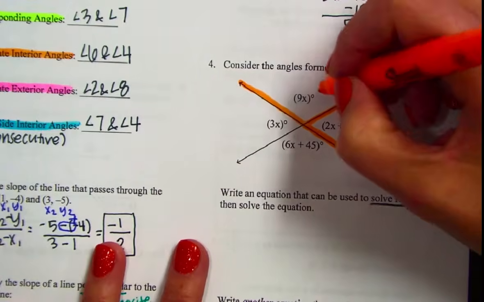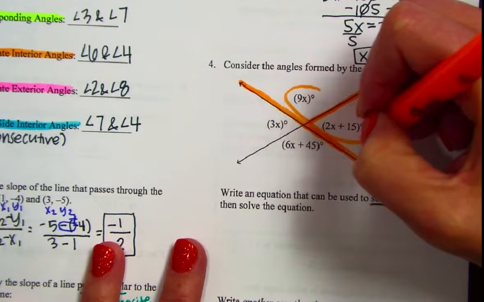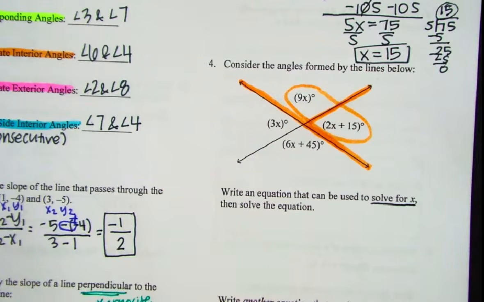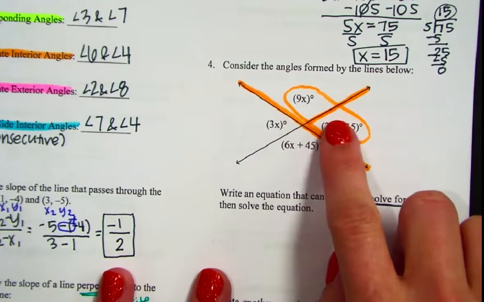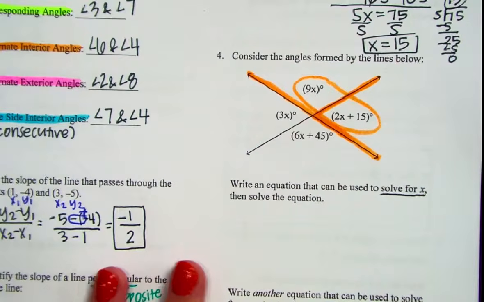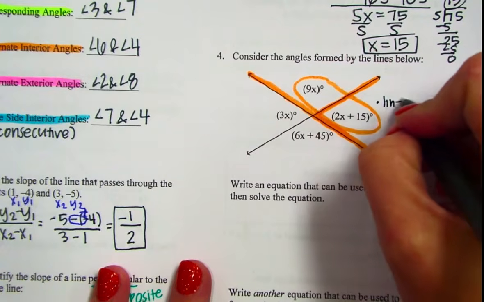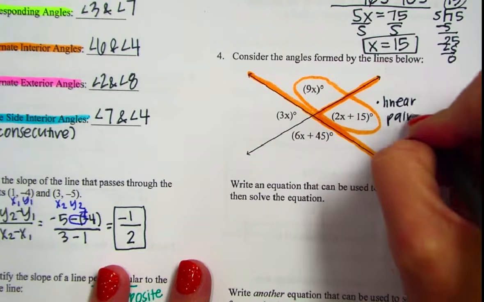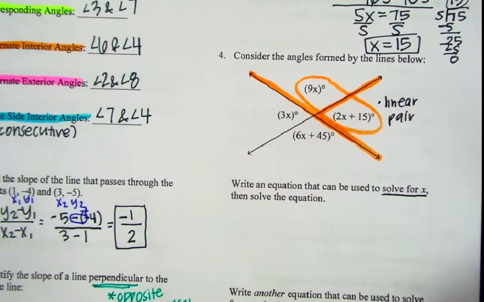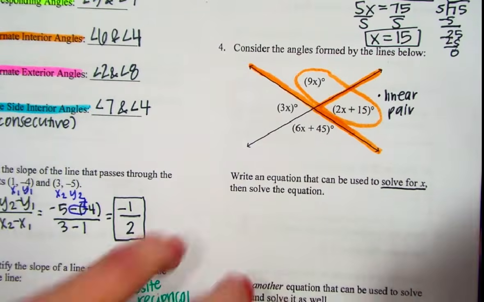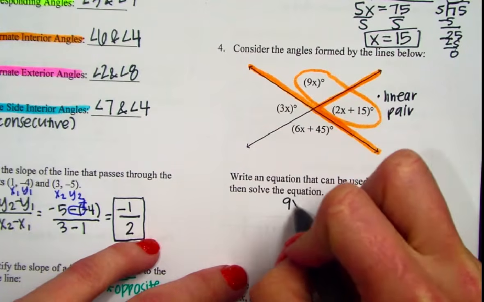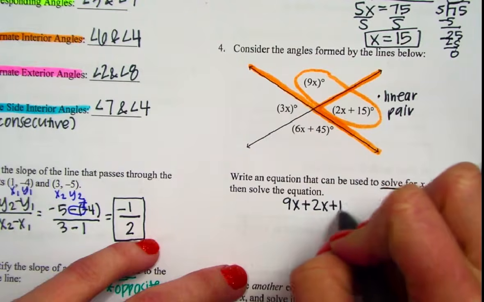So these two angle measures are going to add up to 180 degrees because this is a linear pair. So I'm going to write that down. These angles form a line, meaning these angles are a linear pair. So I'm going to add those angle measures and set them equal to 180.